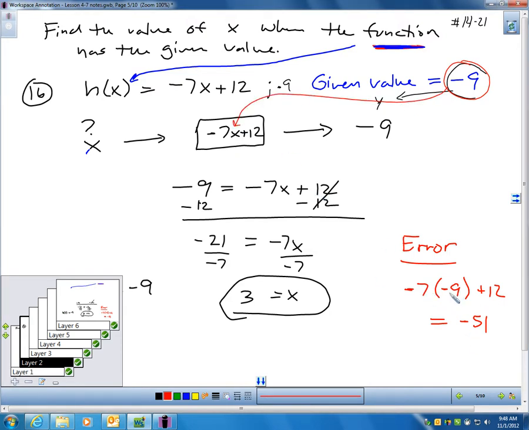You're going to take negative 7 times negative 9 plus 12, which is 51. That is incorrect. Okay? They didn't tell me x was negative 9. They said the given value of the function was negative 9, which means the correct thing to do, I'll do that in green, is to take negative 9 and replace h of x, or y, with negative 9 and solve an equation.